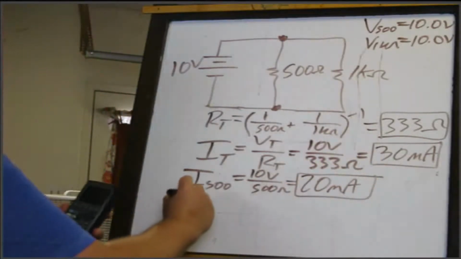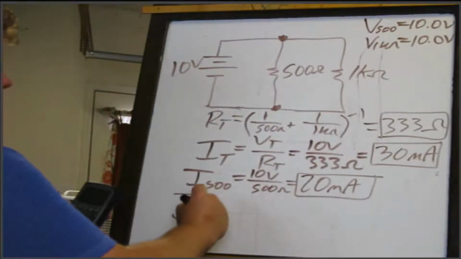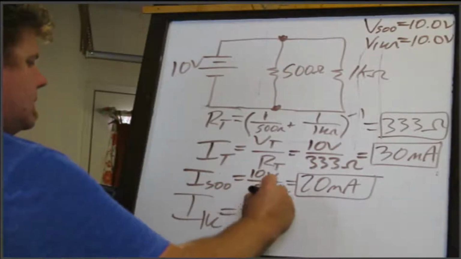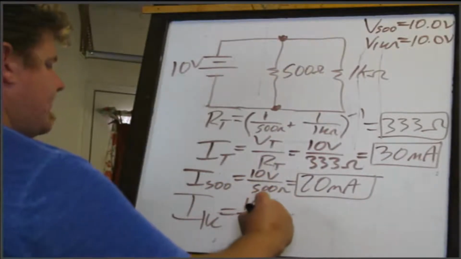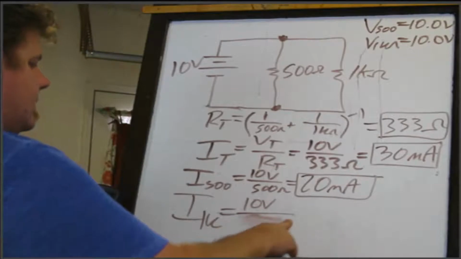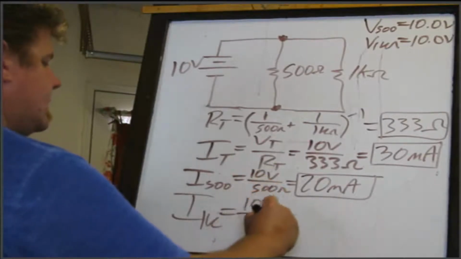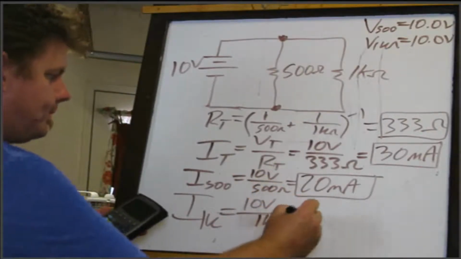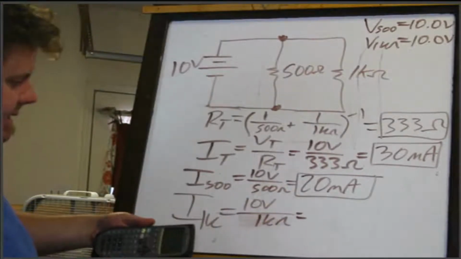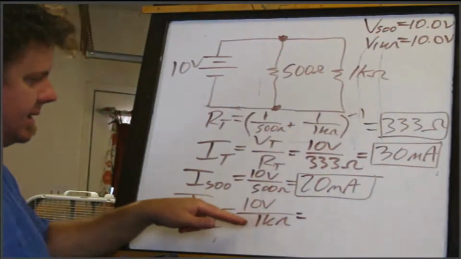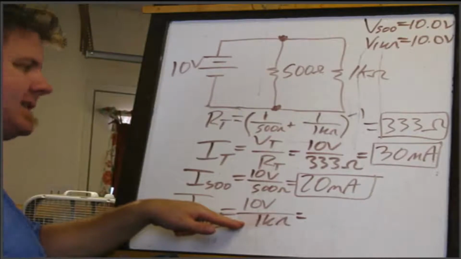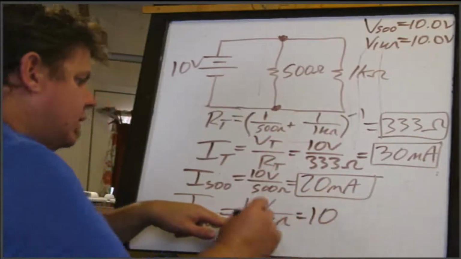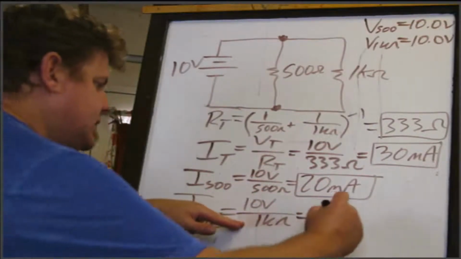Okay. And then the 1K, 10 volts divided by 1K. What's 10 divided by 1? That's 10. What's volts divided by kilo ohms?